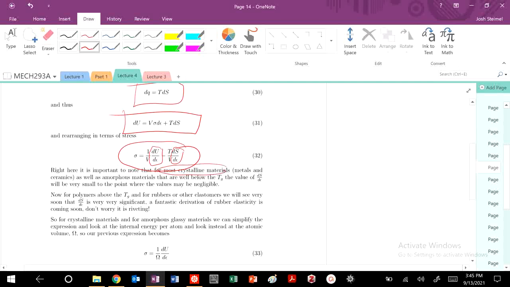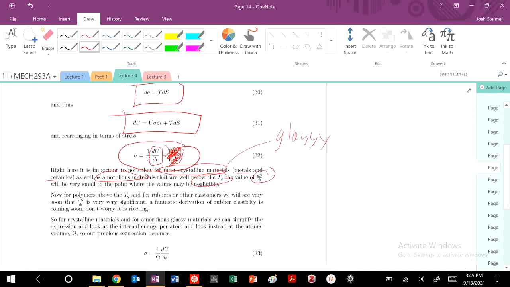It holds for most metals, most ceramics, and amorphous materials that are well below the Tg, that is, glassy polymers or glassy amorphous materials. In that case, dS/dE is very small, to the point where for this particular class of materials we're going to neglect it entirely.